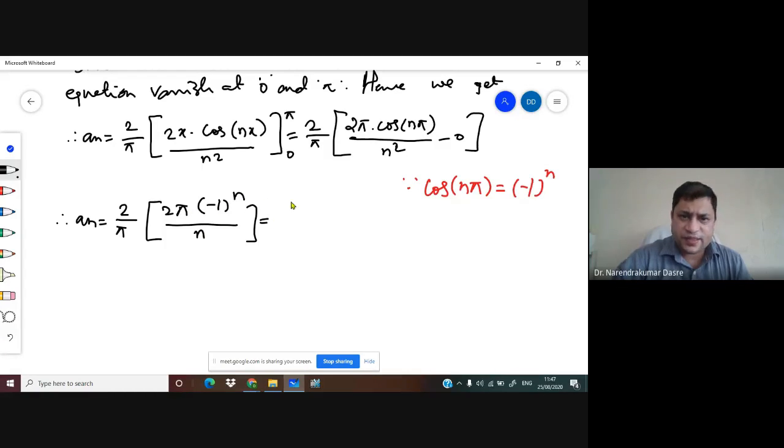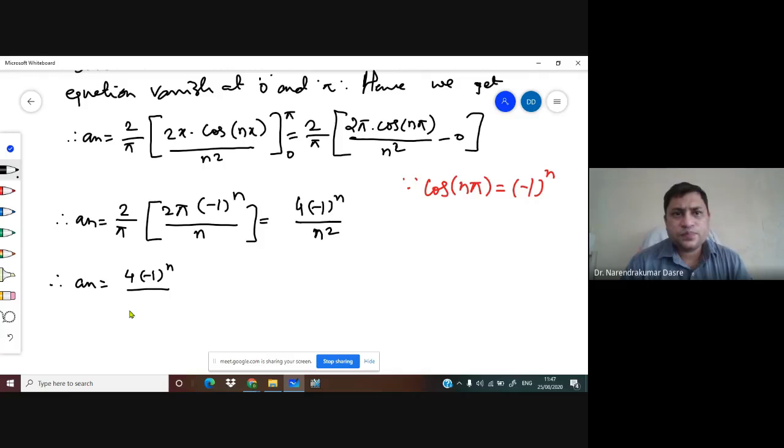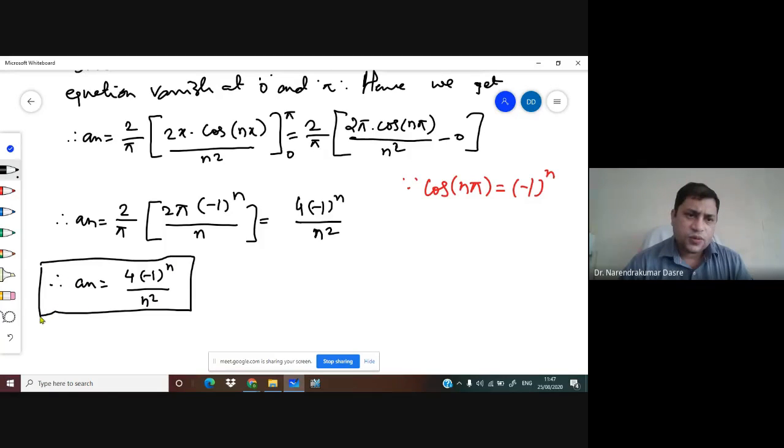So this pi will get cancelled, and this will be 4 minus 1 raised to n upon n square. And hence you get an is equal to 4 into minus 1 raised to n upon n square. So that's what we have as equation 3.